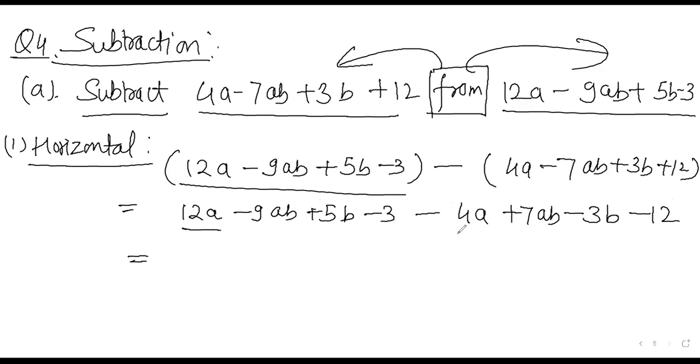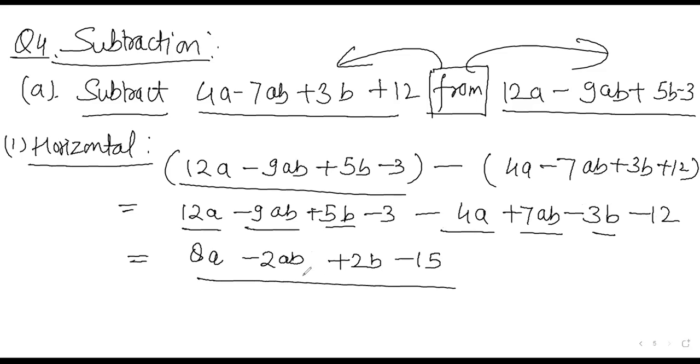Now search out the like terms. 12a and 4a: 12 minus 4 gives you 8a. 9ab and 7ab have opposite signs, so they subtract, giving minus 2ab because minus 9 has minus sign and 7 has plus sign. 5b and 3b also subtract, the answer will be 2b because 5 minus 3 is 2 and the sign will be plus. Minus 3 and minus 12 will be added, but the sign will be negative because the bigger number has a negative sign. So this is the answer for this question.